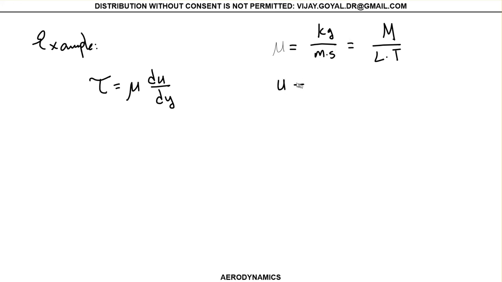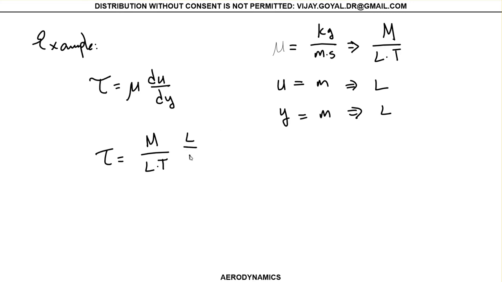My displacement u is nothing else than meters, so that would be L. And my distance y is also measured in meters, that would be L. So I could say that tau is equal to mass over L times time, L over L, or this is the same as M L^-1 T^-1. So this is how this dimensional analysis actually works.